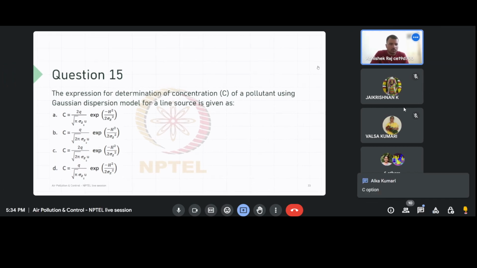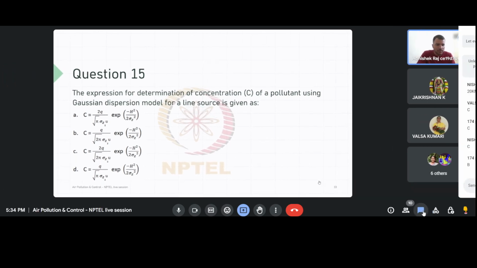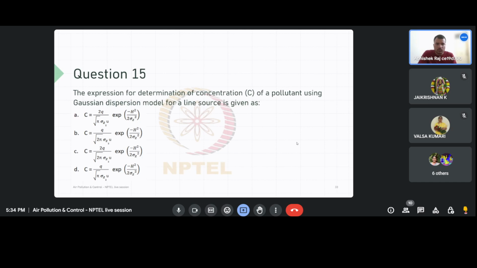I think most people are saying option C here. That is correct.